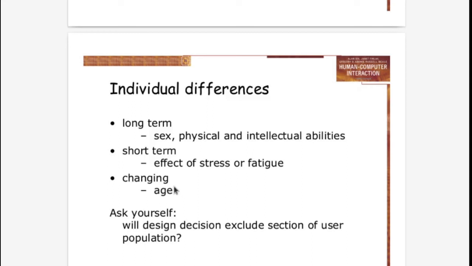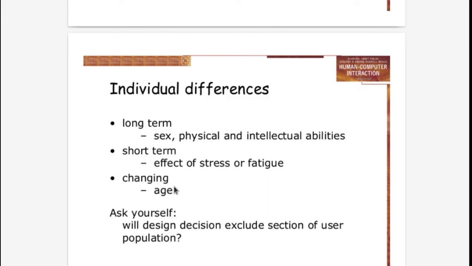Individuals are different according to their physiological and intellectual abilities, short-term situations, the effect of stress or fatigue, and changing age. We can say that all individuals are different. Of course, there are things that we can generalize, but we should also be aware of individual differences.